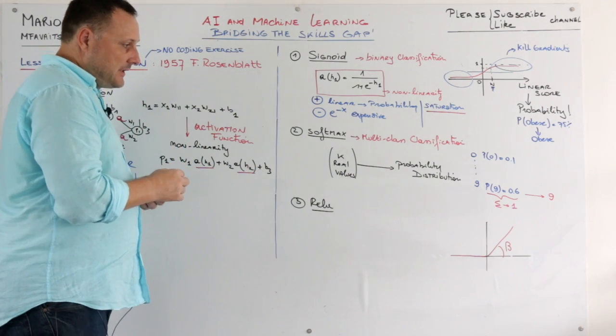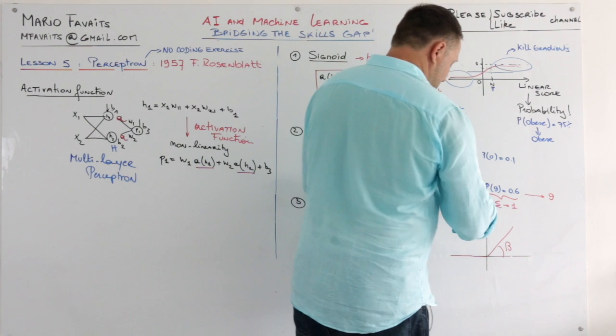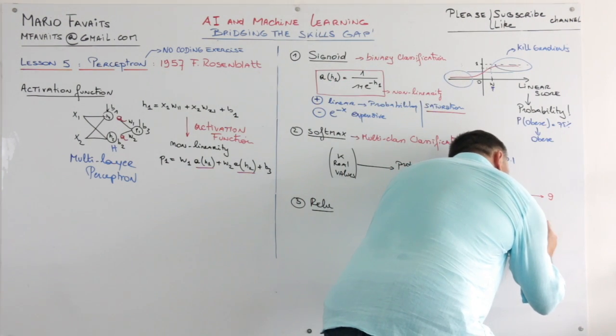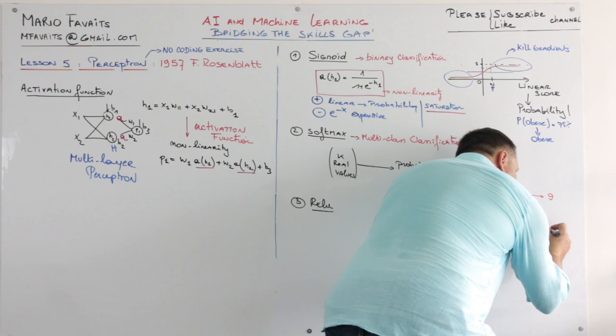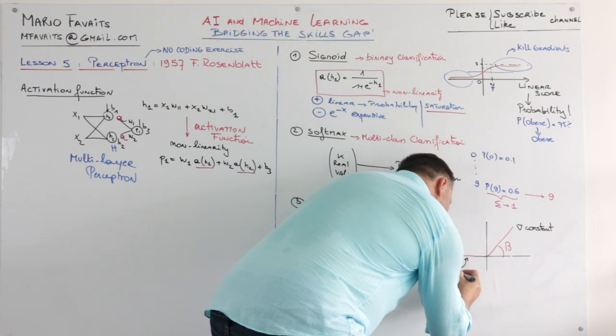Now ReLU solves this on the positive side. Here you have a constant gradient. And here the gradient is 0.